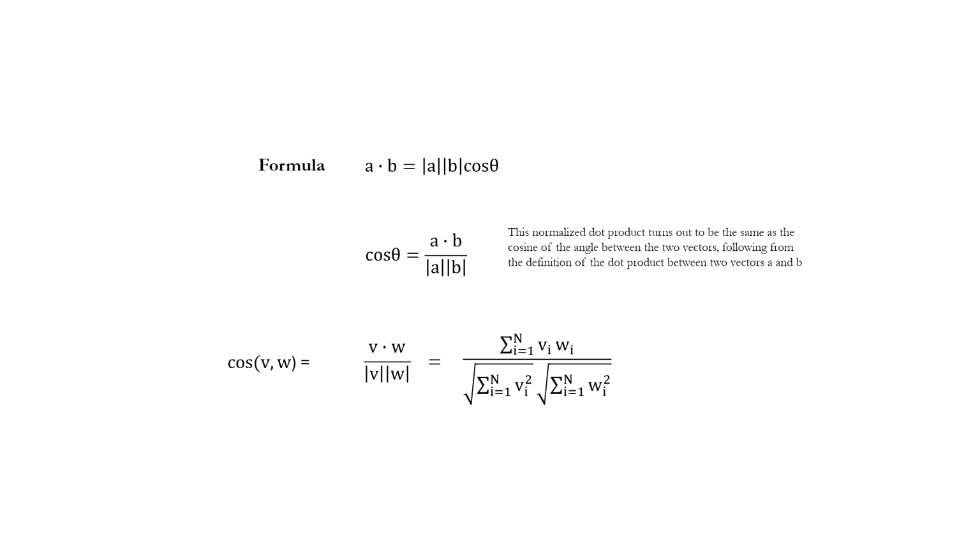So we've got the vector lengths of v and w in the denominator, and then we've got the dot product in the numerator. Values can range from -1 to 1, -1 being complete opposite and 1 being completely similar.